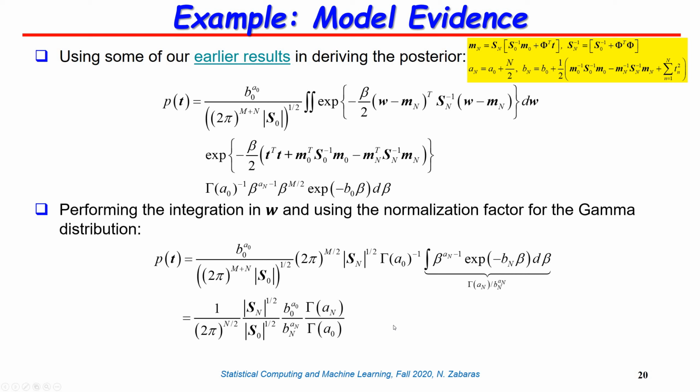So if you have hyperparameters in your model that you need to select, or even if you want to select the order of the polynomials that you use in regression, you can maximize this marginal likelihood and do this evidence approximation or empirical Bayes that we have seen in our earlier lectures.